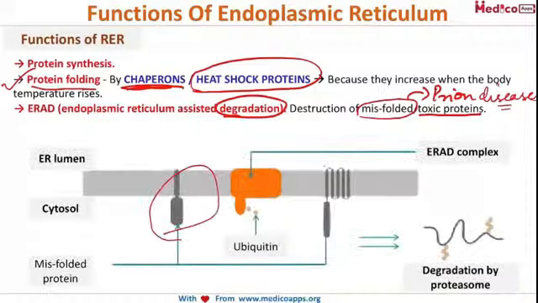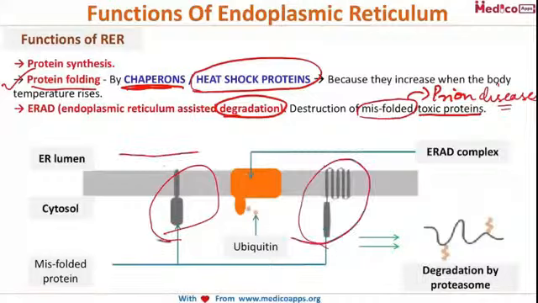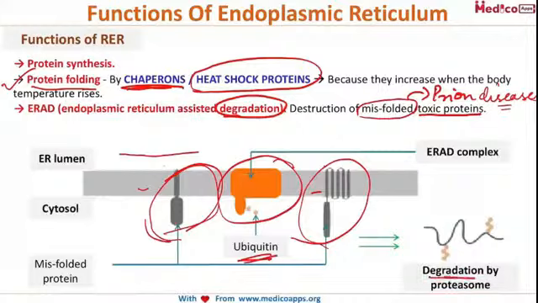So, if you look at this structure, this is the lumen of the endoplasmic reticulum and these are the misfolded proteins over here, these two. And what happens is when these misfolded proteins are present, the ERAD complex along with ubiquitin causes degradation of these misfolded proteins by proteasome. Okay, this is the ERAD process.